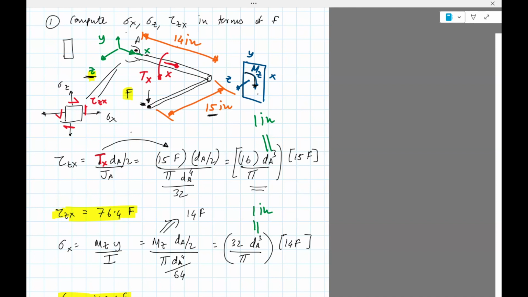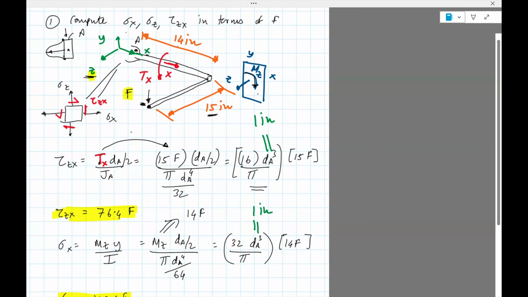Because if you remember, when there's a shear force, the shear stress looks something like this. The maximum occurs at the middle point, and the shear stress is 0 at the edges. So even though there's a force, the point A is on the top. It's not in the middle.